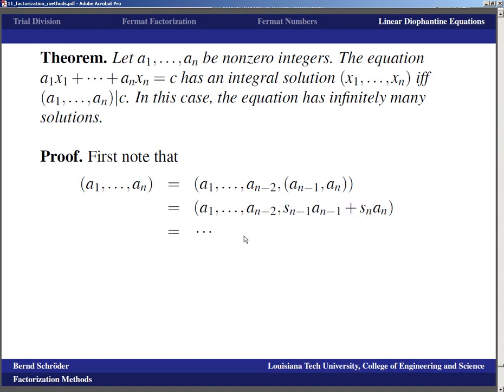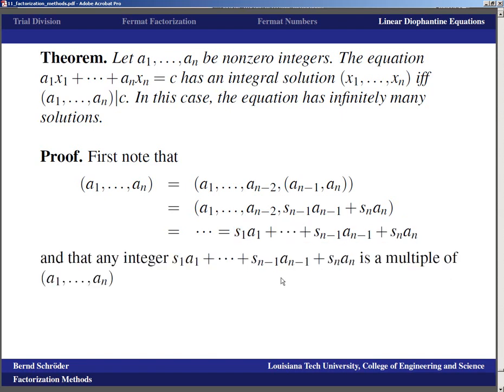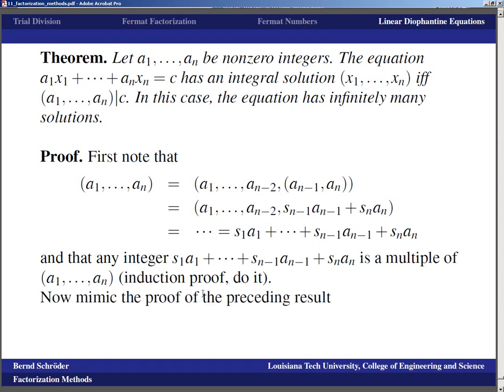And now we can just keep doing this and end up with the fact that the greatest common divisor of a1 through an is also a linear combination of a1 through an. And in fact, any integer of this form is a multiple of the greatest common divisor of a1 through an. That's an induction proof, which I want you to do separately. I'm not going to do that here.